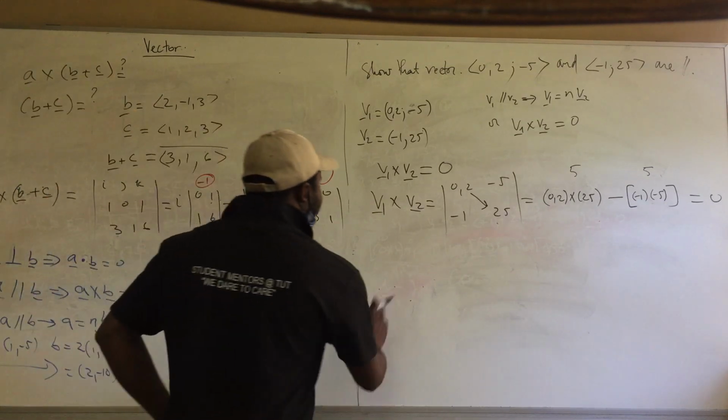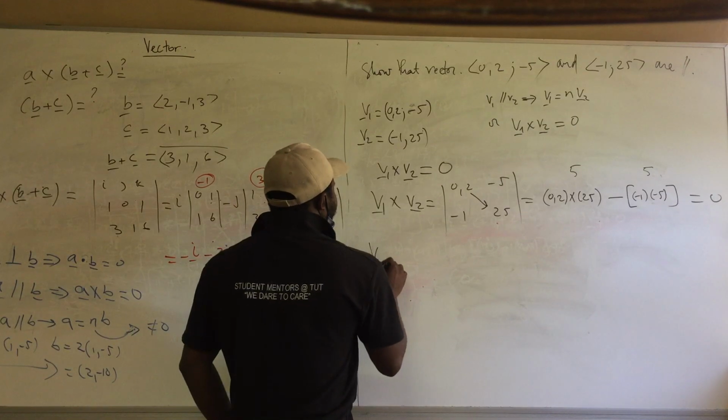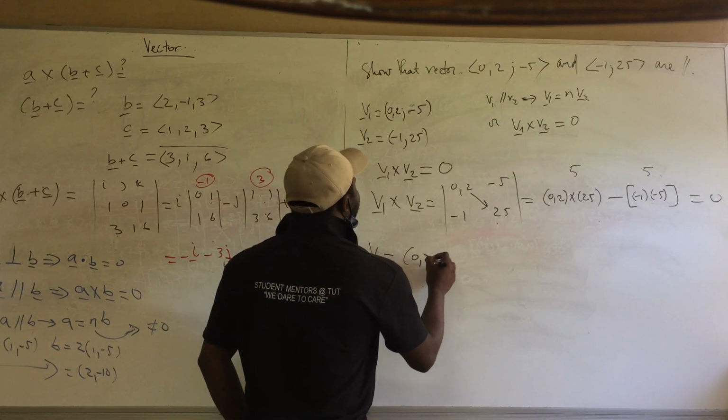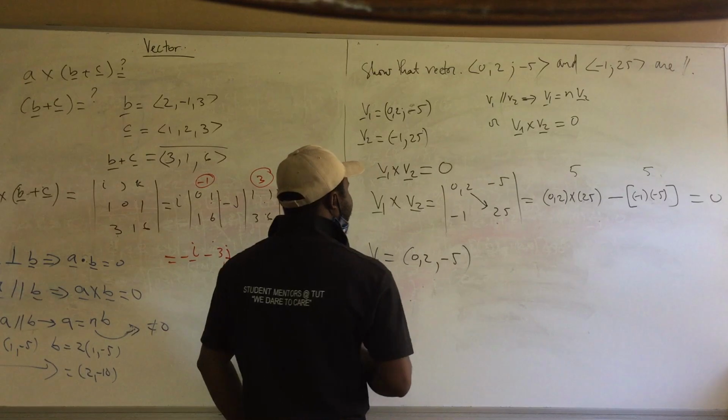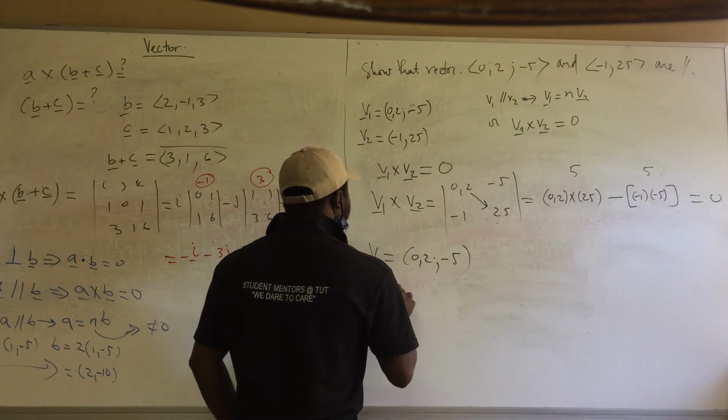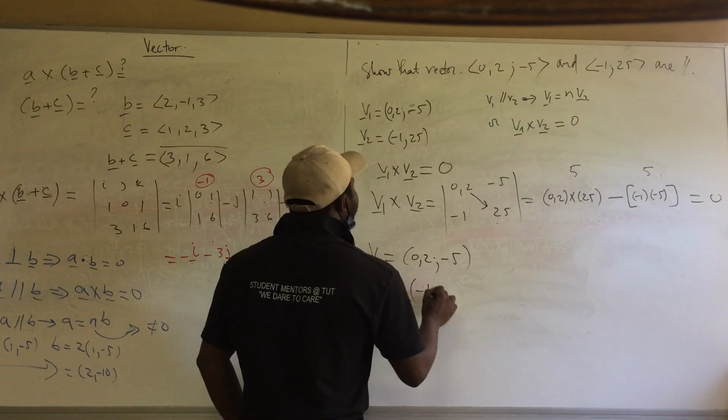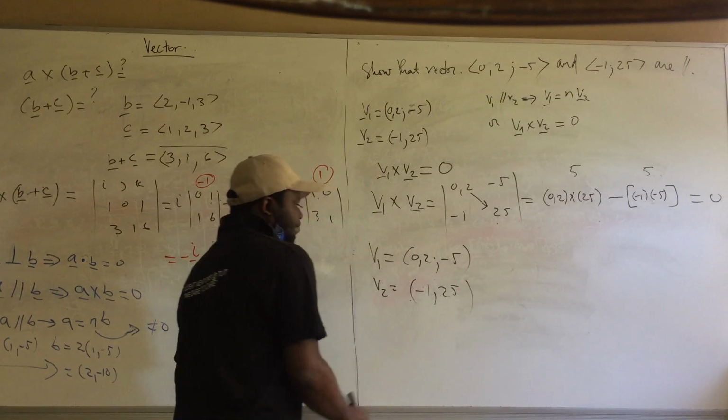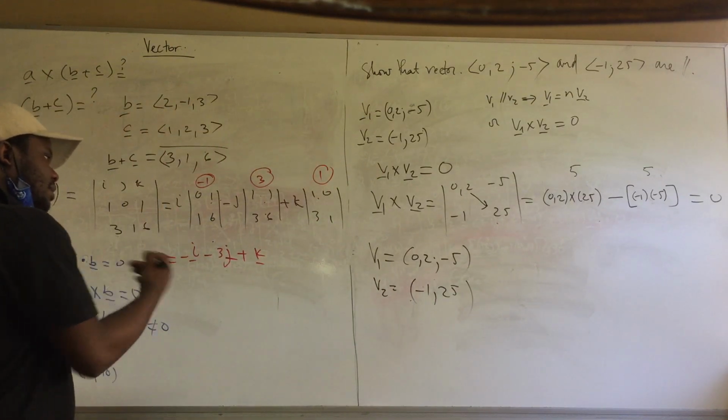But there's another way to solve this question. V1 equal to what? 0, 2, minus 5, okay? And then V2 is minus 1, 2, 5, like this. Look at it.